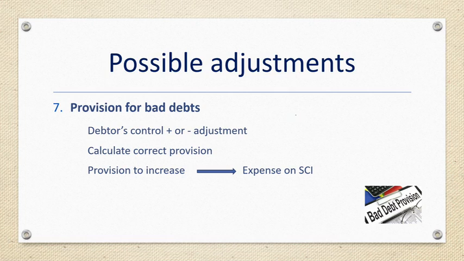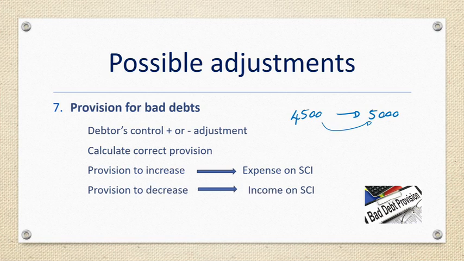The provision was 4,500 and now the correct one is 5,000. Obviously there's 500 rand to be added that will be shown as an expense. If it's the other way around, it was 5,000 and now we must show it as 4,500, the provision will decrease, therefore it will be shown as an income on the statement of comprehensive income.